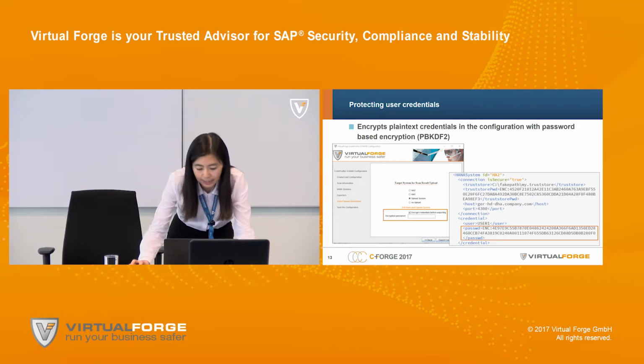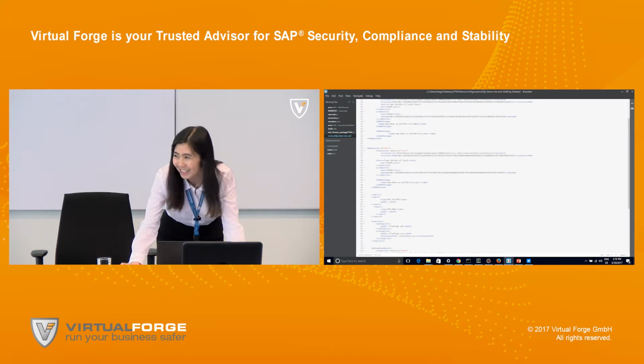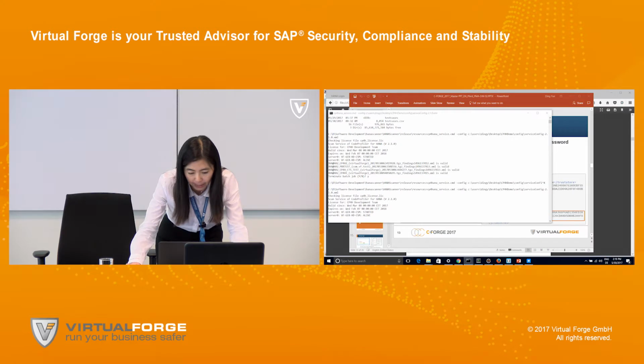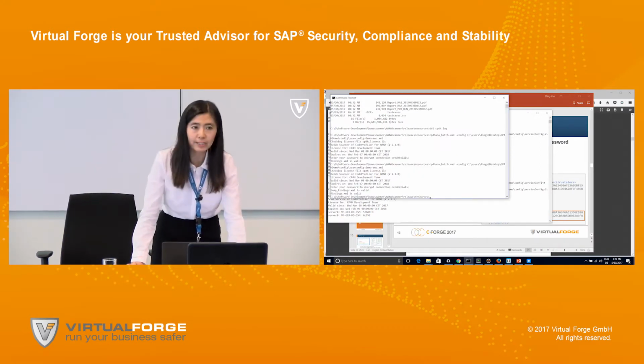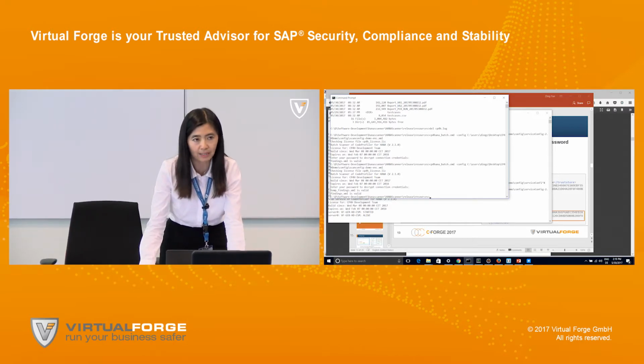So let me just show you. I think you can't see here from this distance. This is the XML file of the batch scanner. So I will not show you. I will start the batch scanning. For the batch scanner, you don't need other third-party software.